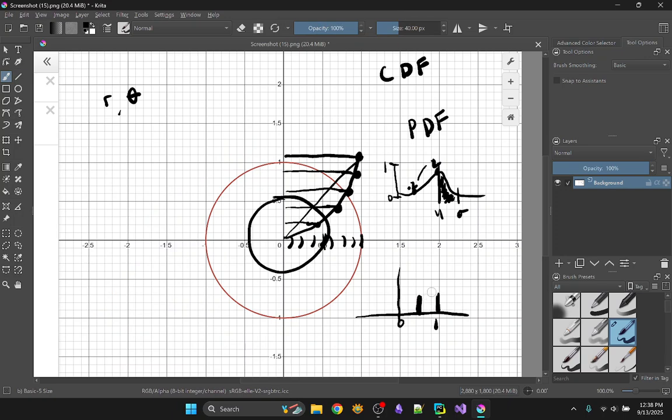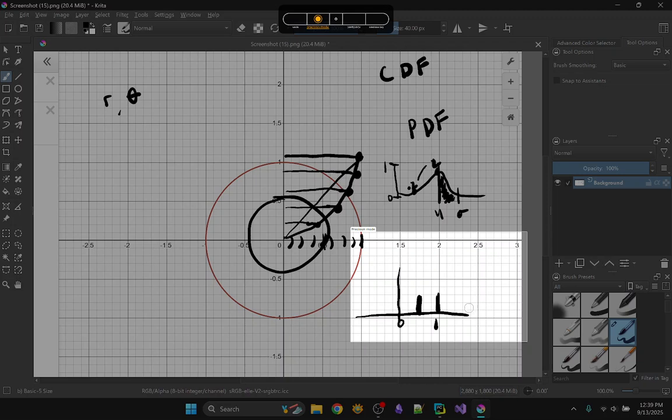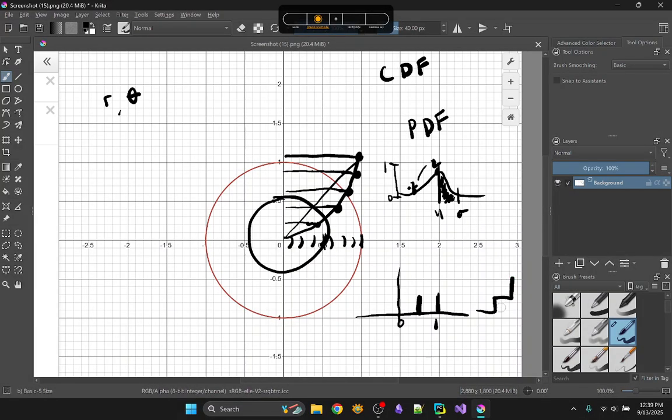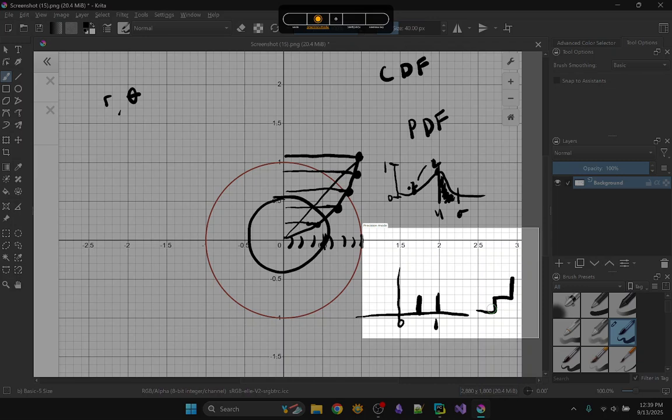Then I would take the cumulative probability, which would be like a step function. In this case, it would be like bam, 0.5, bam, 1. And if I sampled along the y-axis uniformly, then I would get half of my values as 1 and half of my values as 0.5.